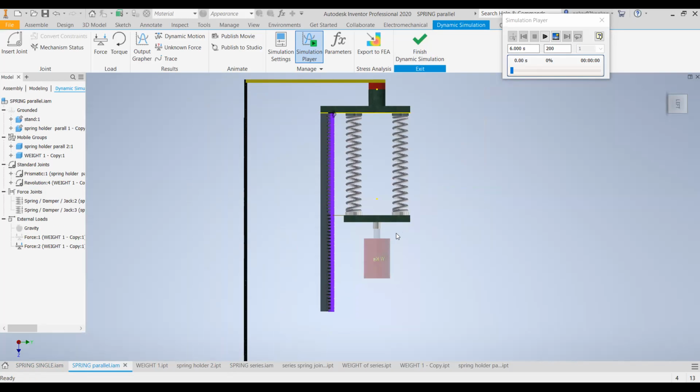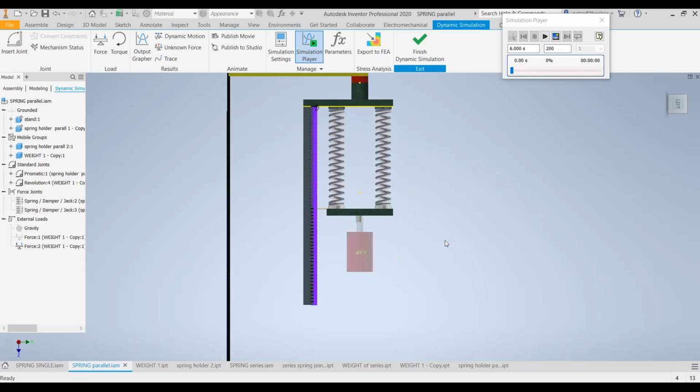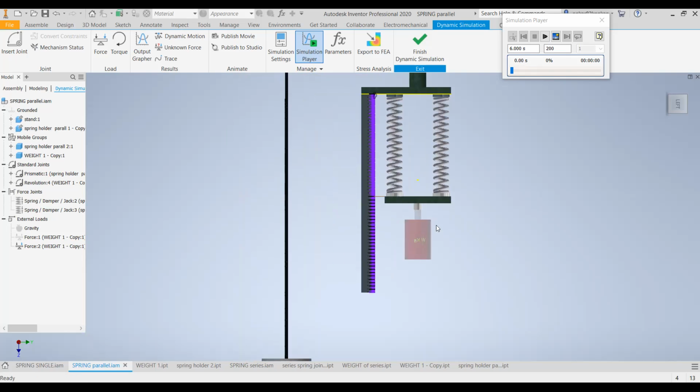Here you can observe how the mass will oscillate, and from its waveform, that is displacement versus time, we will measure the time period.